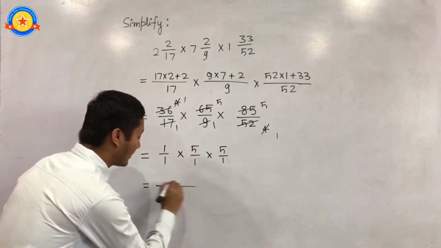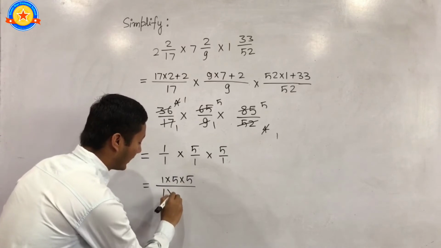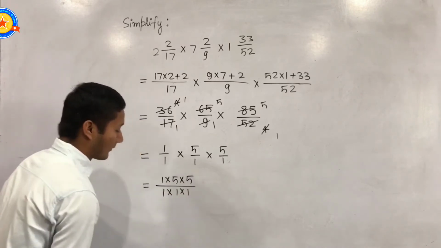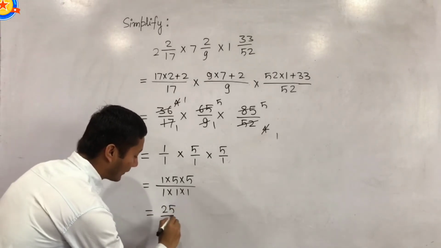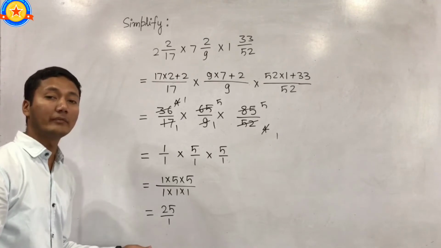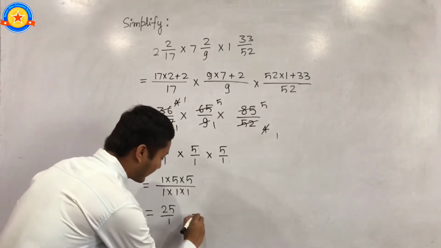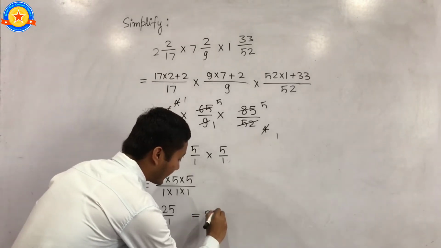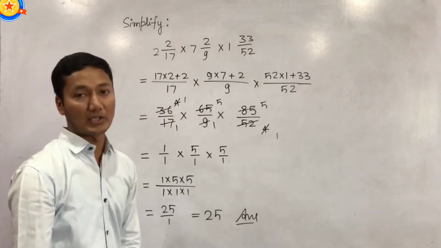Now it becomes 1 multiply 5 upon 1 into 1 into 1. From here we get 25 upon 1. Students, we know there is no need to write 1 in the denominator of any number. That's why we can write 25 simply. This is our answer of this question.